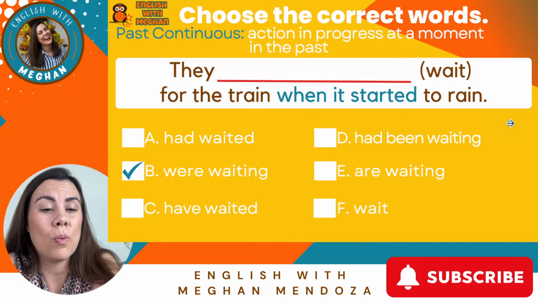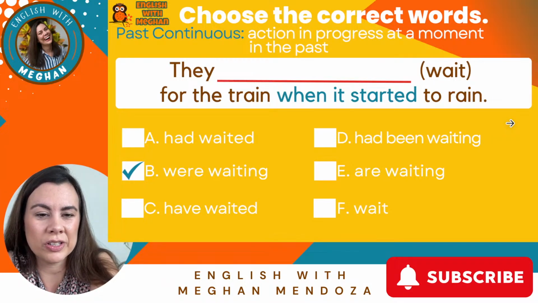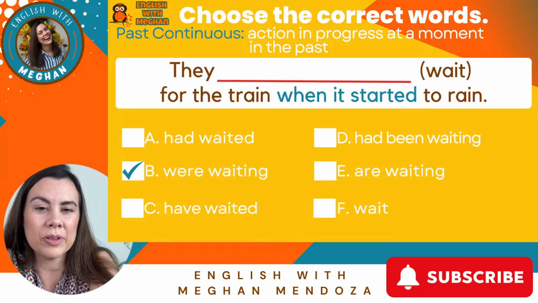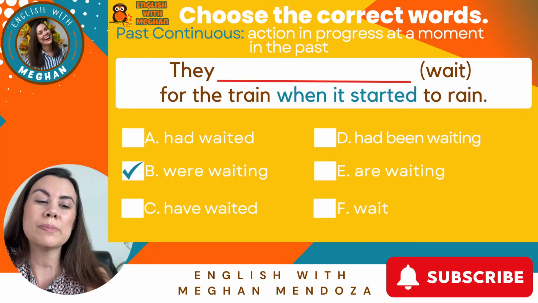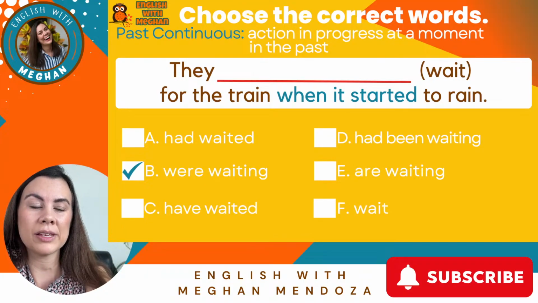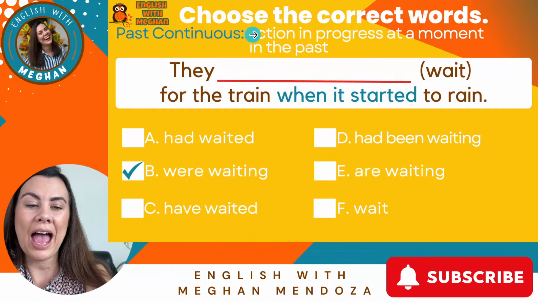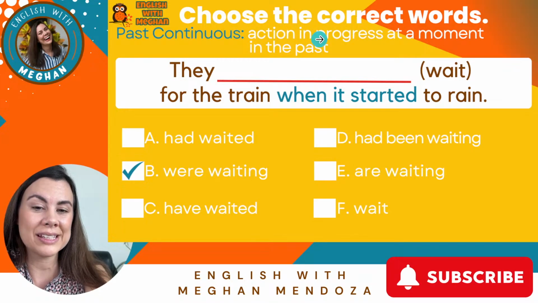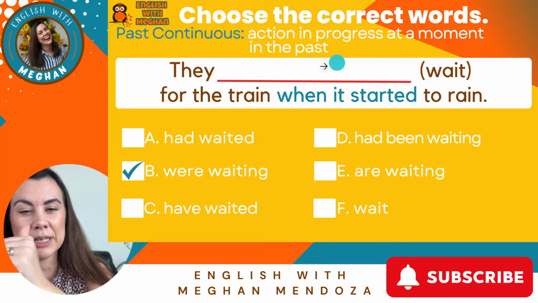Our time word here is when it started. Okay, when, and then plus the past simple there. So you use the past continuous, remember, as it says in the explanation, action in progress at a moment in the past.